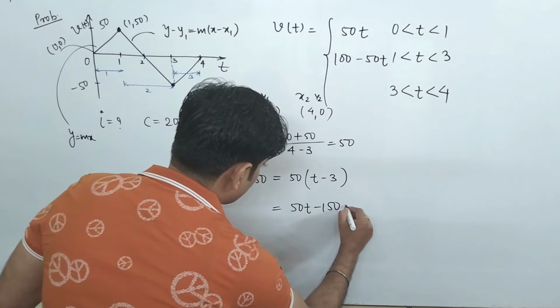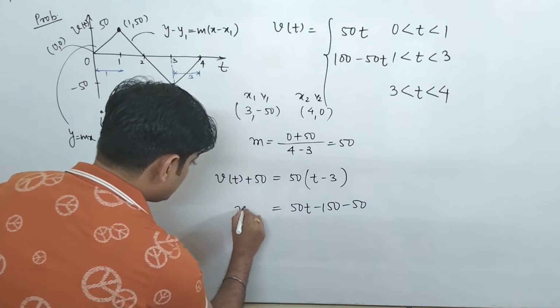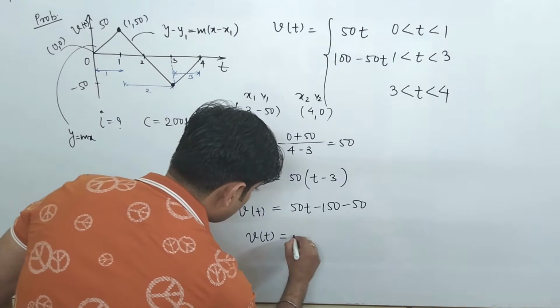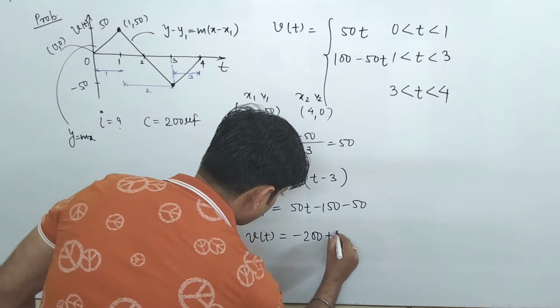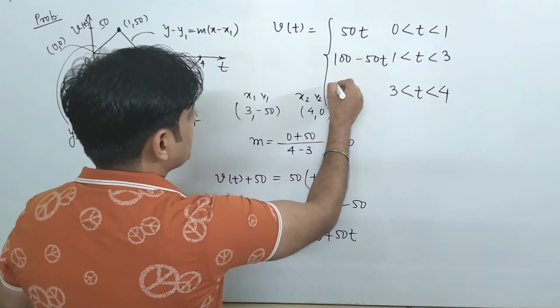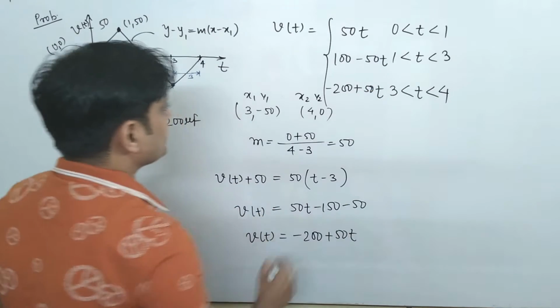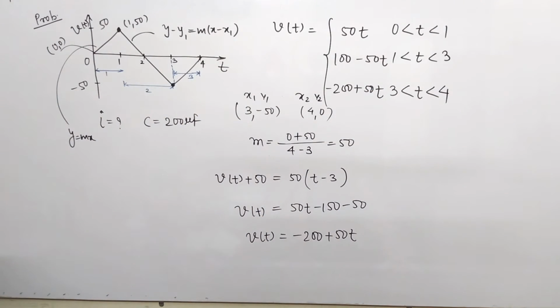This minus also comes here, this is your Vt, so you can say that the value of Vt is basically minus 200 plus 50t. Yes, from here the value comes to be minus 200 plus 50t. So this is your next value.